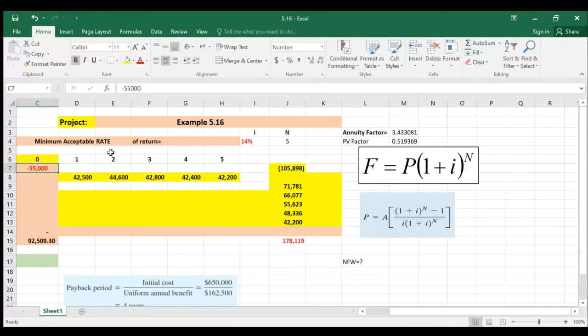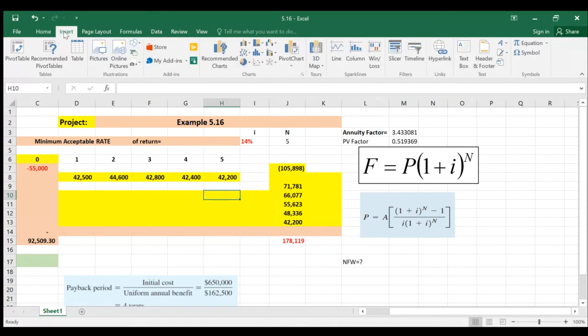You are today here, right? So at the end of year 5, basically what you are calculating is what is the value of this minus 55 here at the end of this one, right? So this is how you are calculating, right? So the future value of this amount at this time.